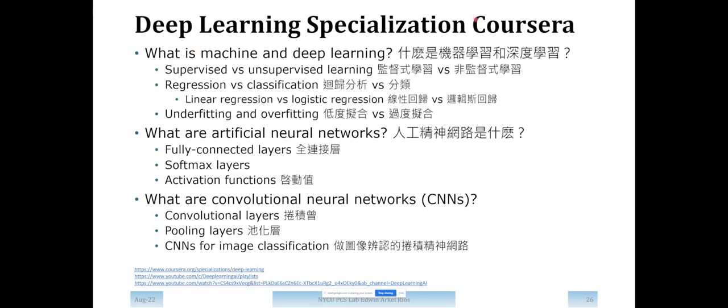It's called the Deep Learning Specialization. It's given by a very famous Stanford professor, Andrew Ng. Basically, this course is going to cover a few topics: what is machine learning and deep learning, then some basic concepts like what's supervised learning and what's unsupervised learning, then two big problems in machine learning, which are regression and classification, in the case of images.